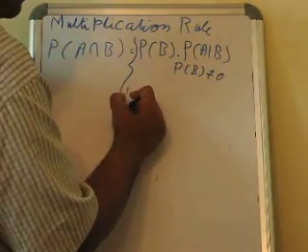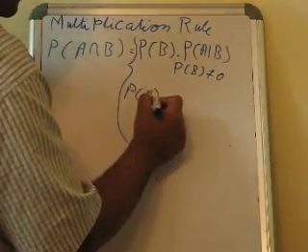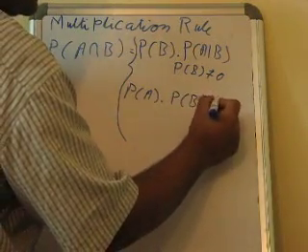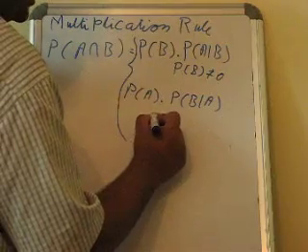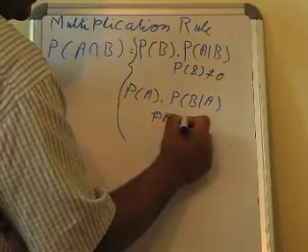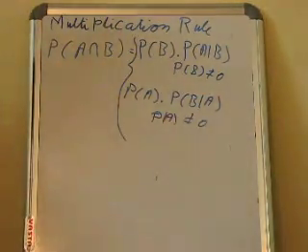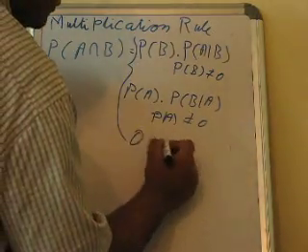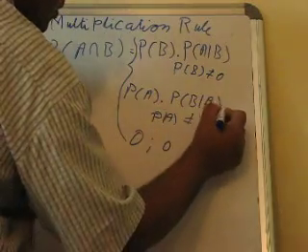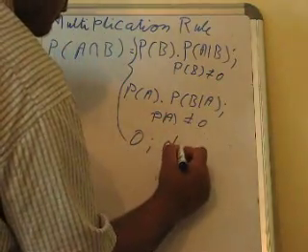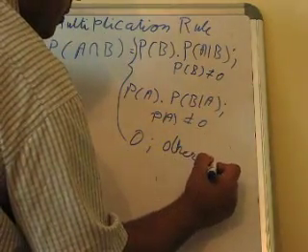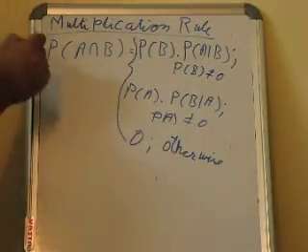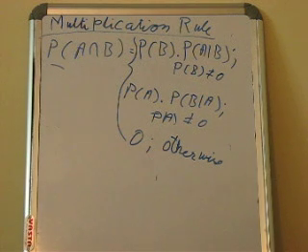Similarly, it is the probability of A times the probability of B when A has already occurred, provided P(A) is not equal to 0, and 0 in all other cases. This is called the multiplication rule for A intersection B.